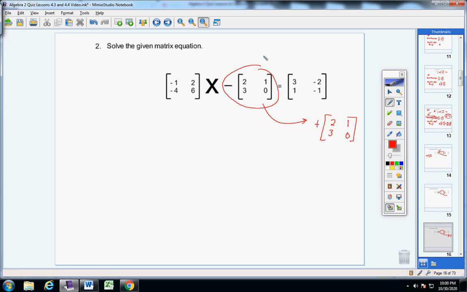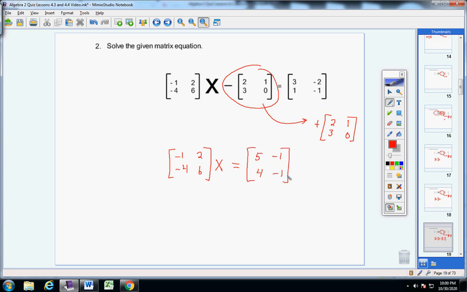Now, when you do that, on this left side over here, here's your equal sign. This is gone, and you're left with this here. So that's what you have. And if you add these two matrices together right here, you will get this right here.